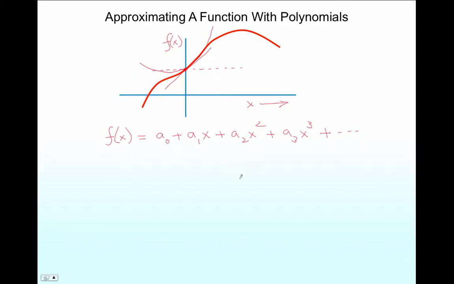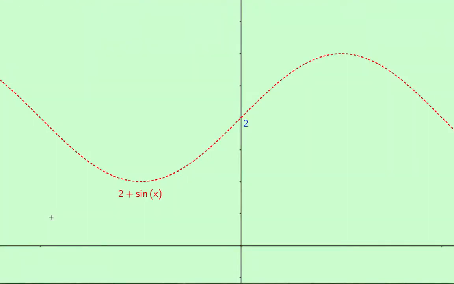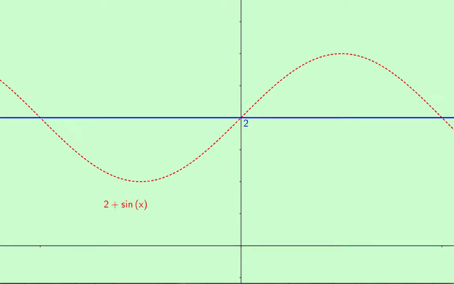Let's look at some examples. Let's take an actual function, 2 plus sine x. You can see that when x is equal to 0, its value is 2. And so let's approximate this with a constant function whose value is 2. As you can see, it's not doing very well. And so let's try a straight line fit.